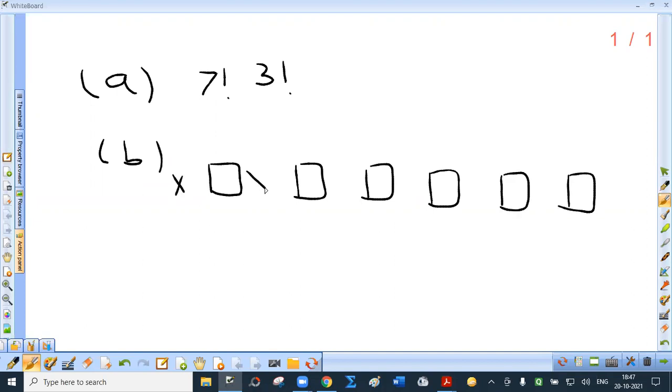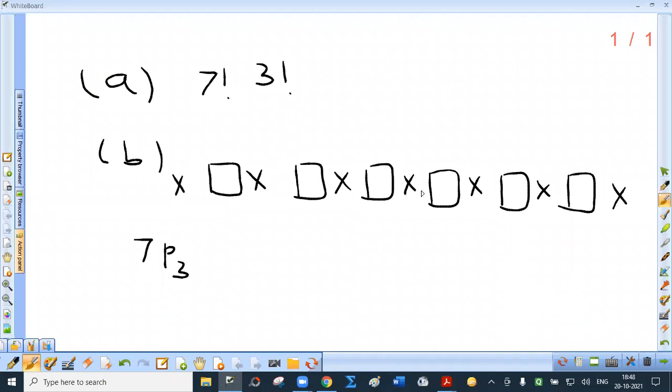So 1, 2, 3, 4, 5, 6, 7 means 3 vowels have 7 possible positions. So they can be arranged in how many ways? 7P3. See, these are 6 consonants. Now 3 vowels can have 5 places between 6 consonants and 1 place at each end. That is in all 7 places.